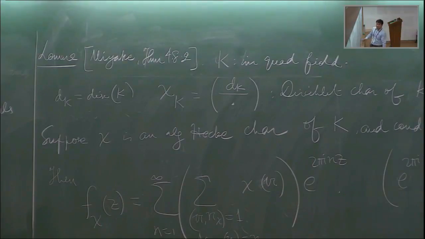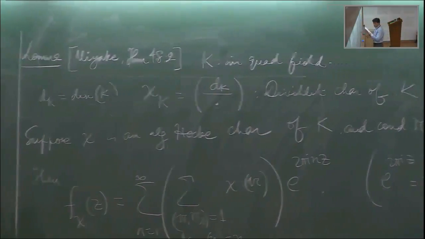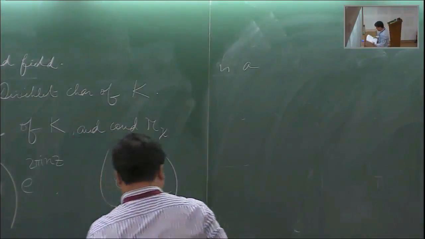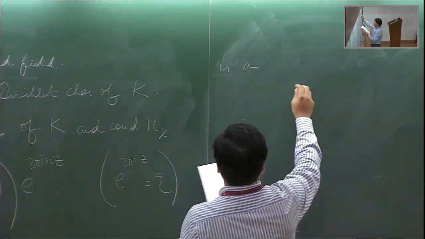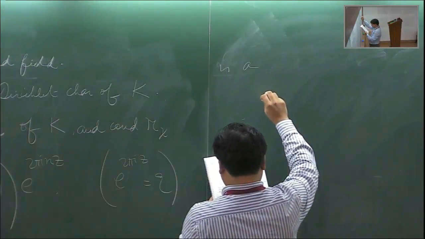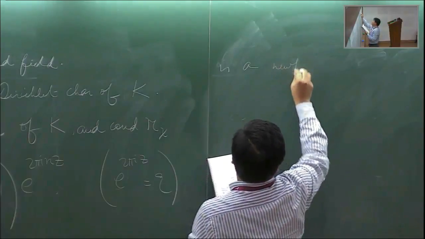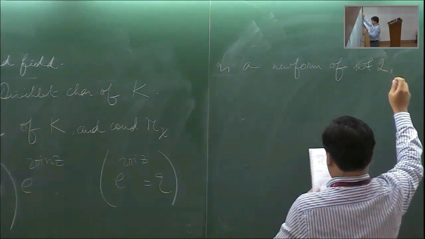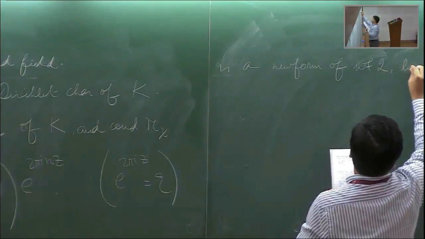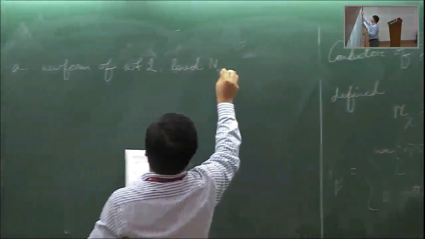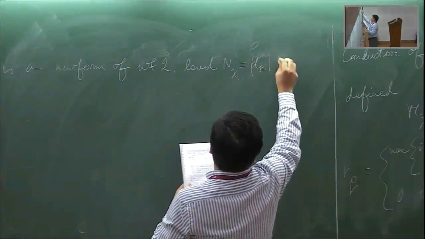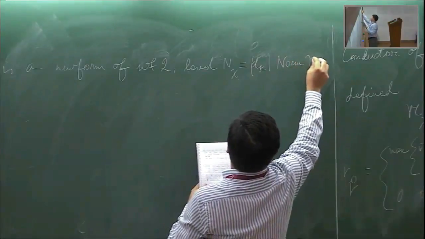Here A runs over all integral ideals which are co-prime to n chi. This is a newform of weight 2, and the level is given by d_K times the norm of n chi.